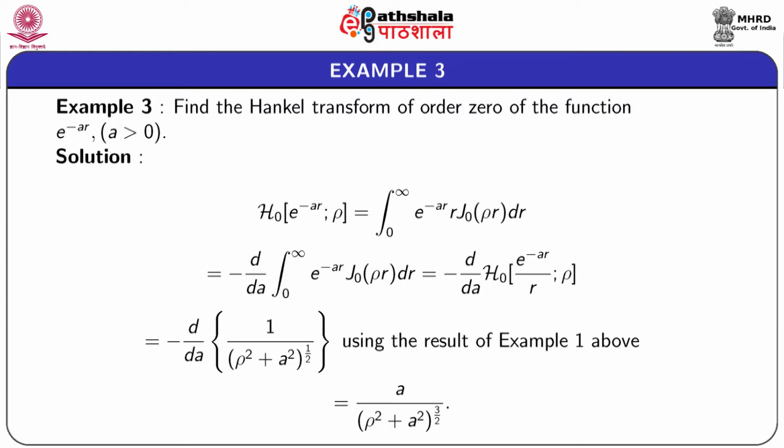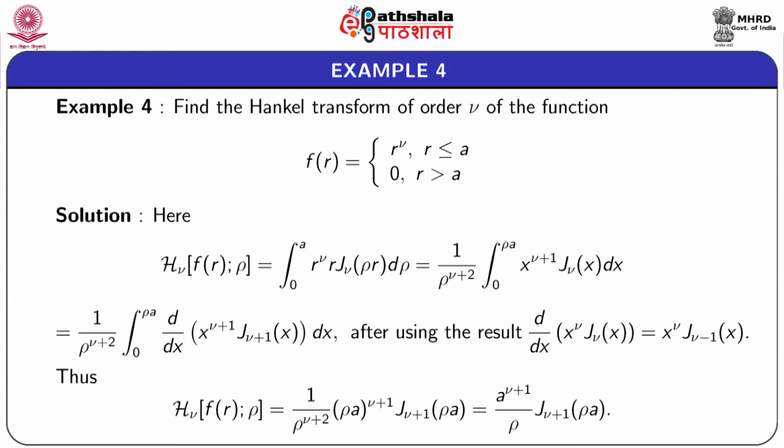And we have already obtained the Hankel transform of e to the power minus a r by r in example 1, so we can write it as minus d by da of 1 by (rho square plus a square) to the power half, and this is equal to a by (rho square plus a square) to the power 3 by 2.